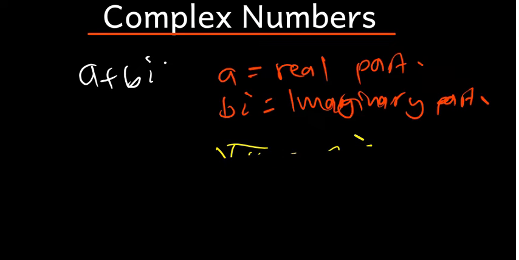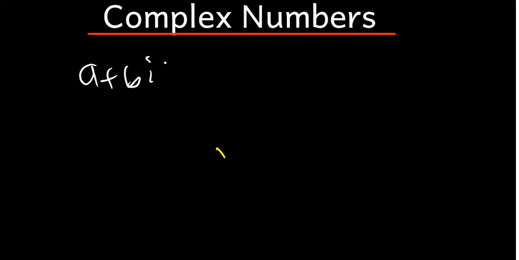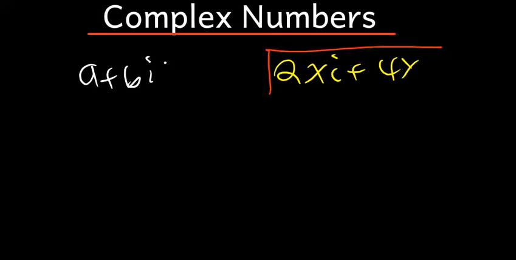So now let's take, for instance, 2xi + 4y. Then I ask you to tell me the real part and the imaginary part. What is the imaginary part in this case, and what is the real part?